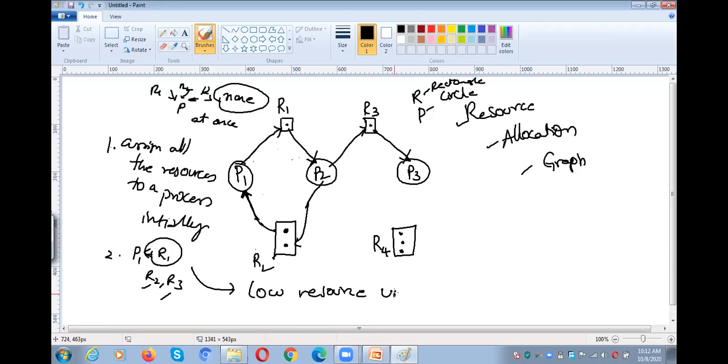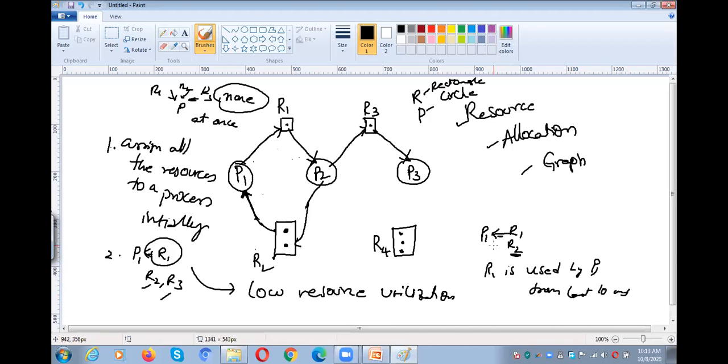Why low resource utilization? For example, one process requires two resources, R1 and R2. Initially R1 was allocated to P1, and R1 has been used by P1 for the last 10 milliseconds. Suddenly P1 requires R2.